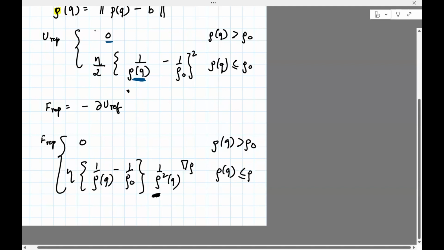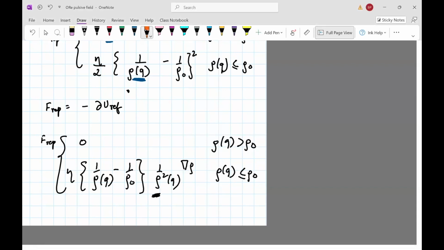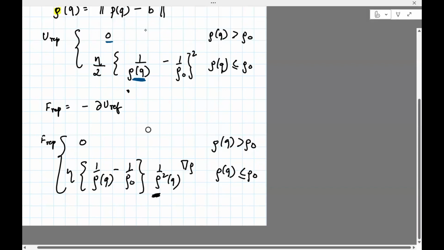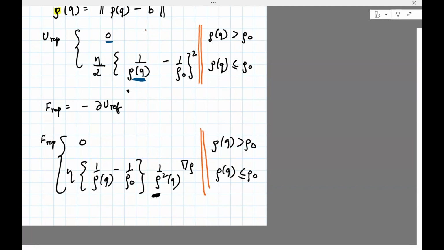Then you need the derivative of rho, that is, the gradient, or the Jacobian, of rho. And that's all there is to it. So we use one or the other depending on whether rho of q is greater than rho 0, or less than or equal to rho 0, that is, depending on where you are.